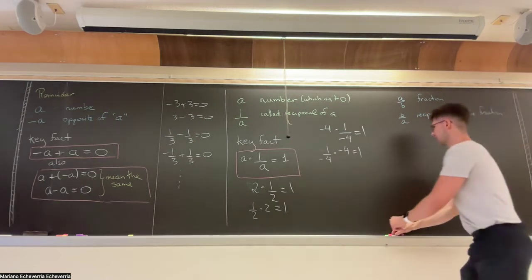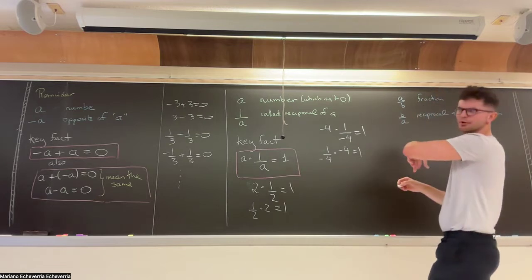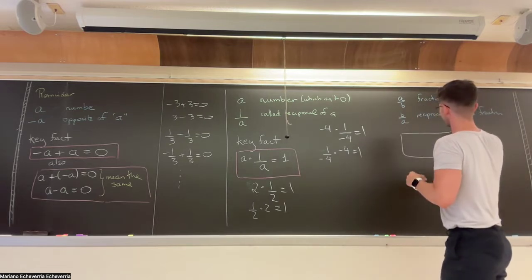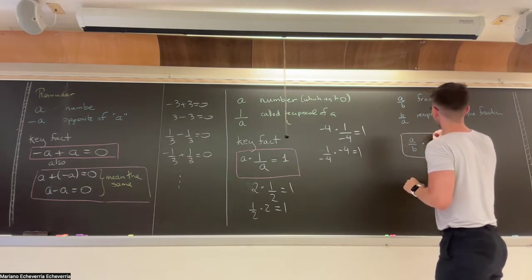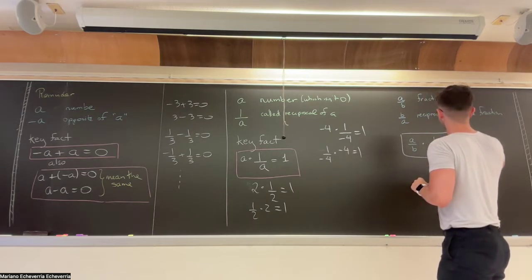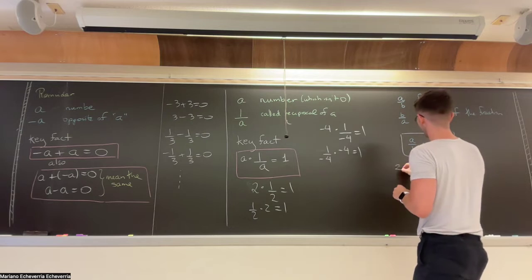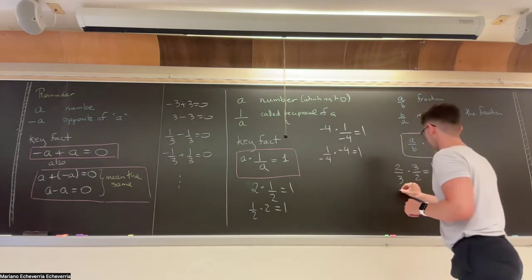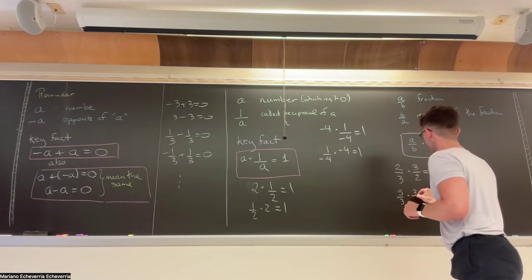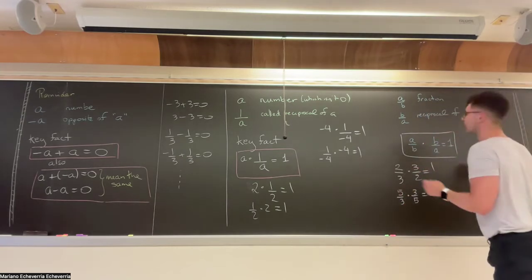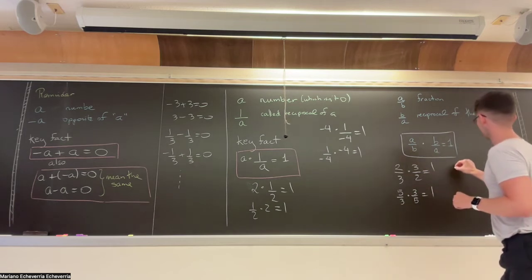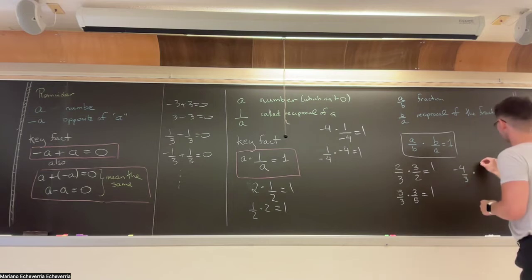The same key property still works, so a over b times b over a gives you 1. So for example, 2/3 times 3/2 is 1. 5/3 times 3/5 is 1. Again, it also works with negative fractions, like minus 4/3 times its reciprocal.